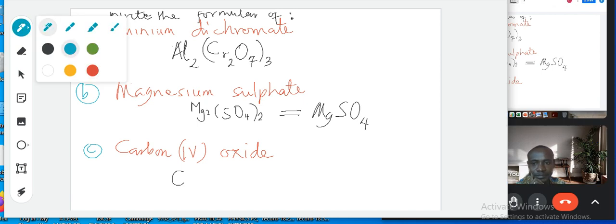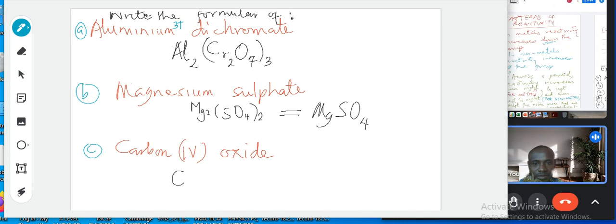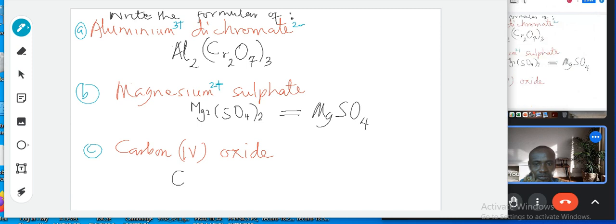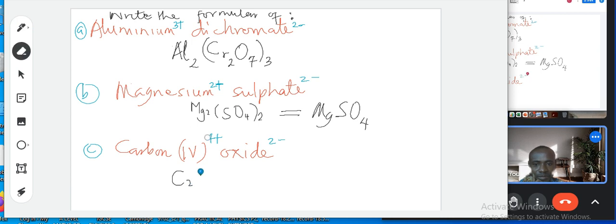Oxygen is 2 minus. Aluminum is 3 plus. Dichromate is 2 minus. Magnesium is 2 plus. Sulfate is 2 minus. Carbon is 4 plus. Oxygen is 2 minus.